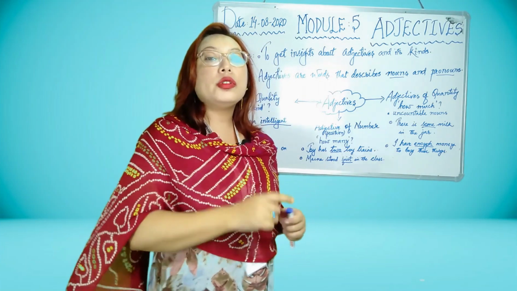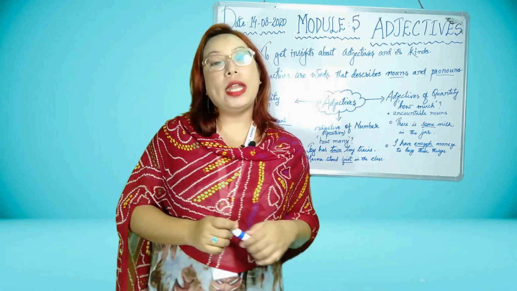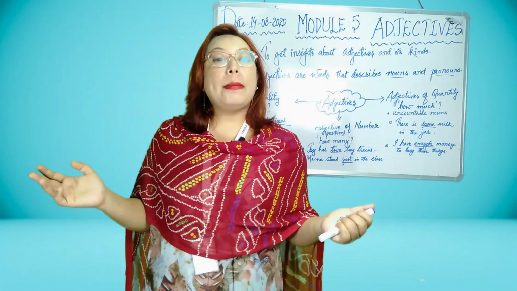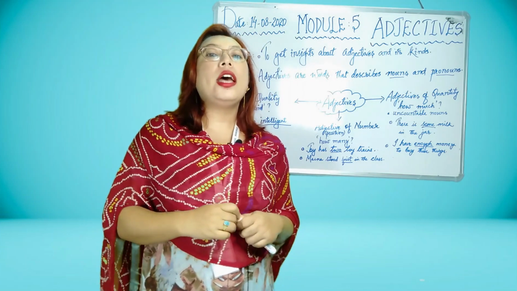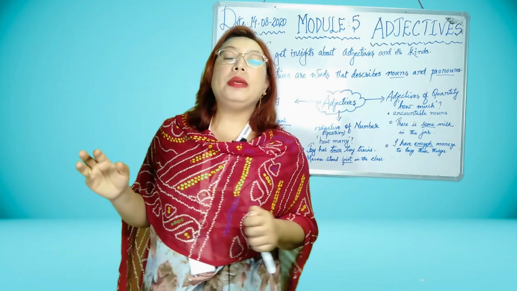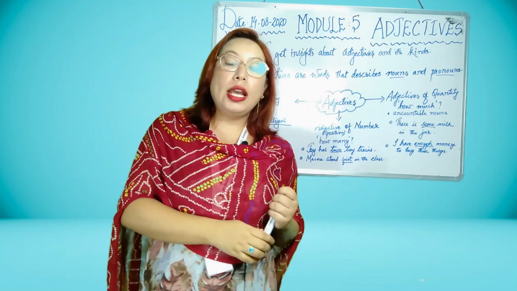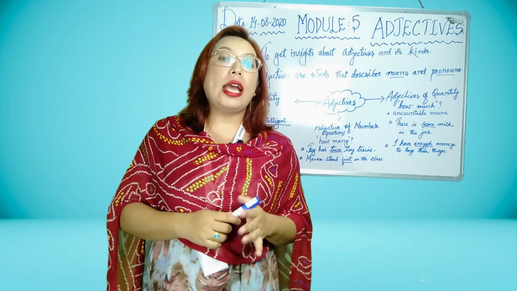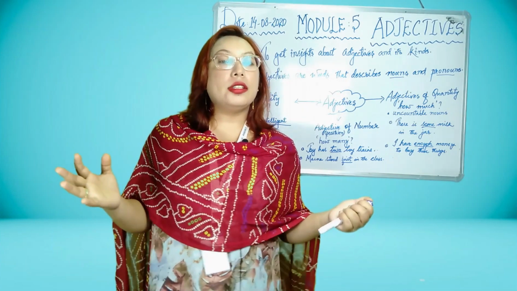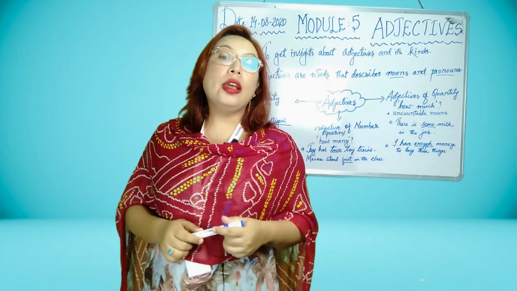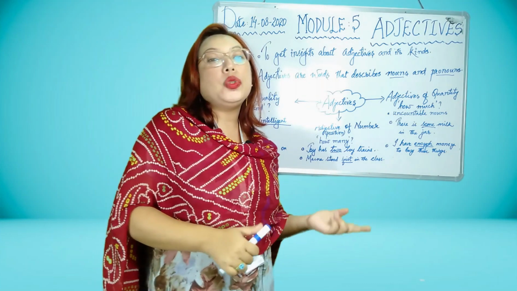Similarly, we have also seen adjective of number. What is adjective of number? Adjective of number describes the noun which is being numerically stated, right? It tells us how many. It answers the question of how many. For example, I have 2 new dresses.